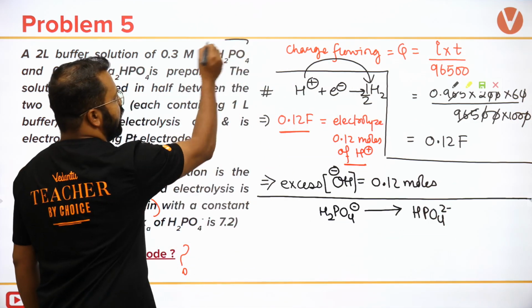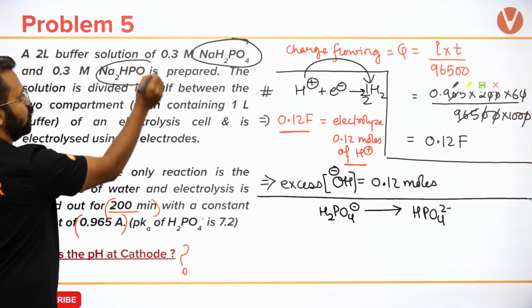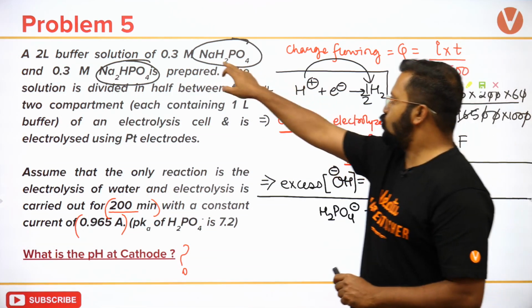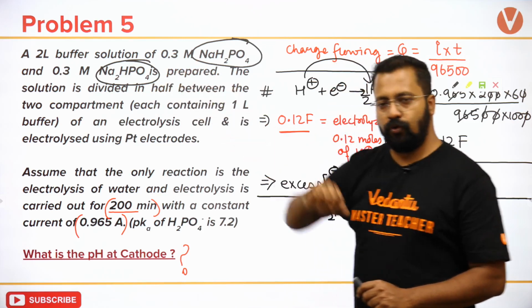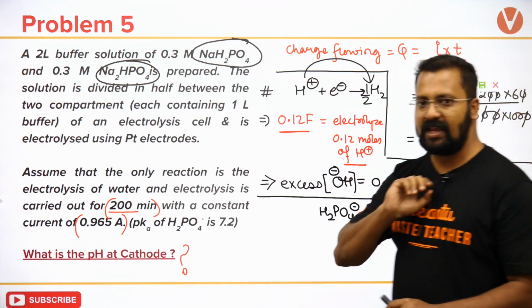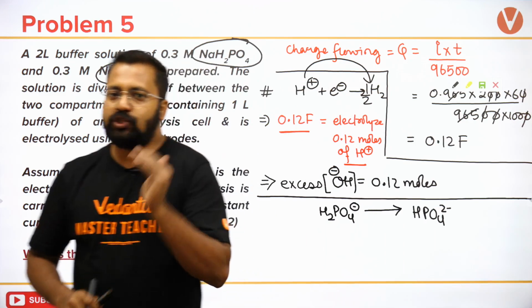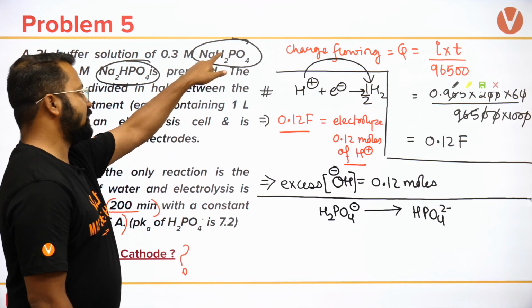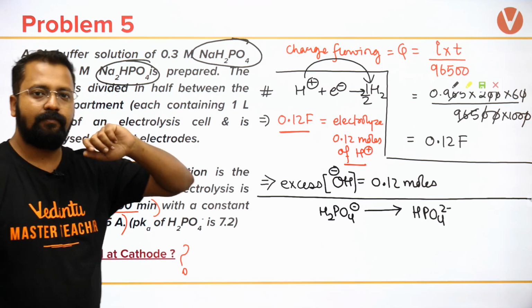Can you see this? NaH2PO4 and Na2HPO4. So these two things are present simultaneously. H2PO4 has an extra proton, so this behaves as an acid, this behaves as a base.